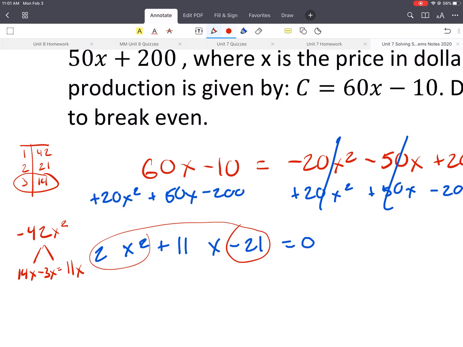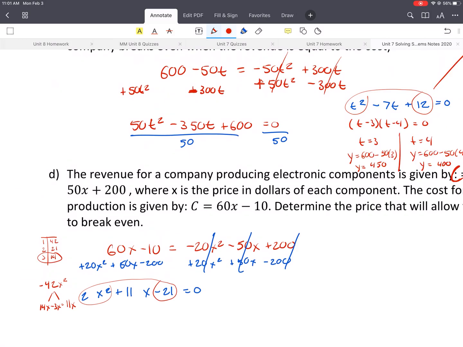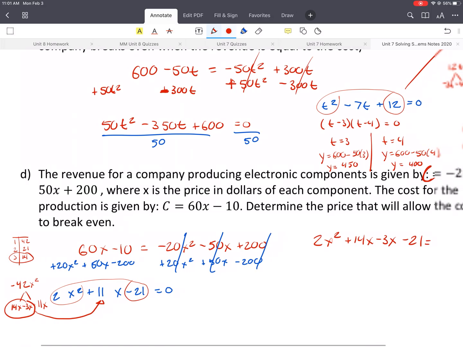Okay, but we can't use the shortcut because a is not 1, so we need to do it by grouping. So we're going to substitute that in for 11x. So we'll have 2x squared plus 14x minus 3x minus 21 is equal to 0.